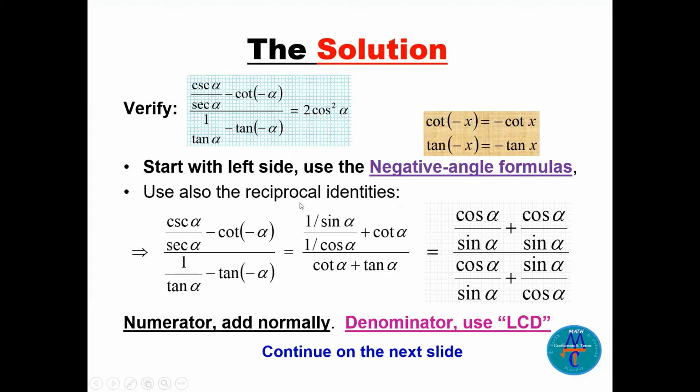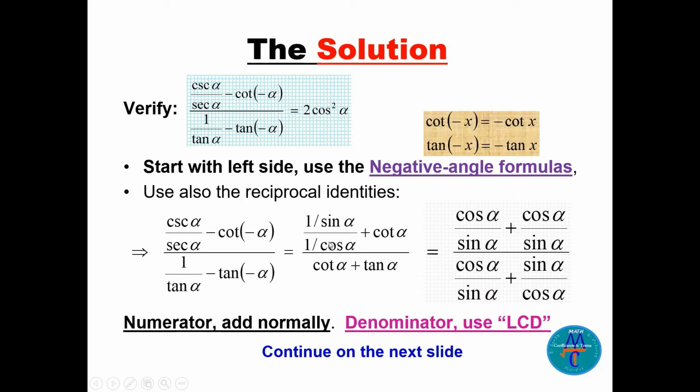I can use also the reciprocal identities because cosecant of alpha will be 1 over sine of alpha, and secant of alpha will be 1 over cosine of alpha. Now I can make things simpler. 1 over sine of alpha divided by 1 over cosine of alpha will be cosine of alpha divided by sine of alpha.